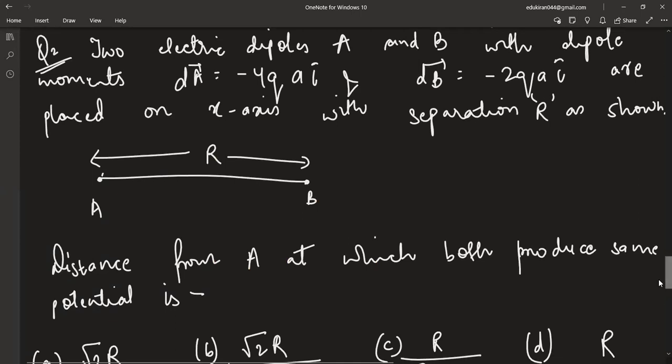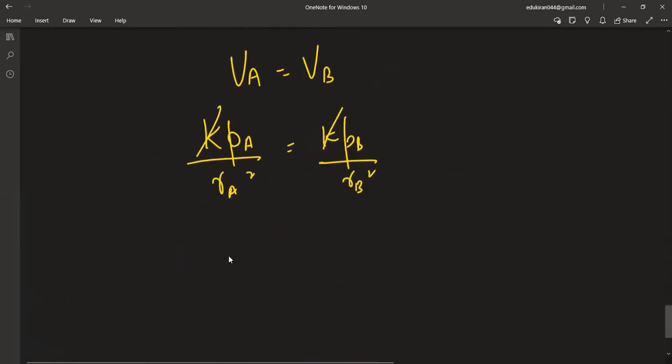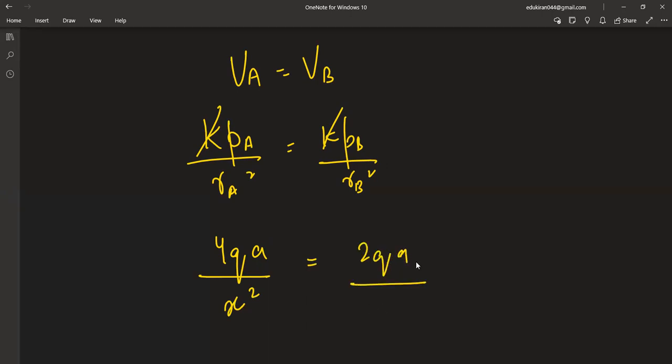The form for potential given is 4qa, that means charge into separation, by rA square. What is the separation from A? X square. B is given as 2qa divided by, what will be the separation of the B point? R minus X whole square.